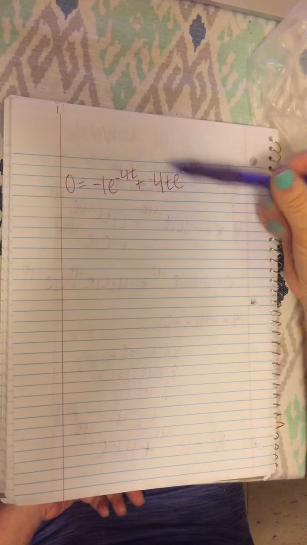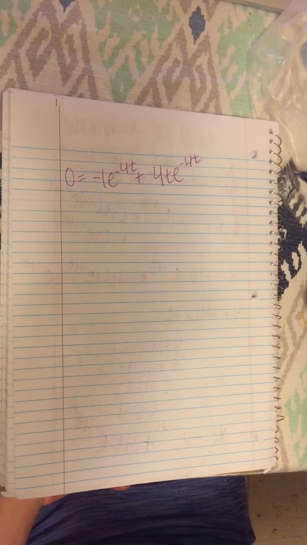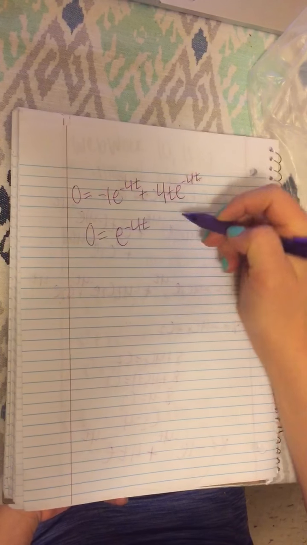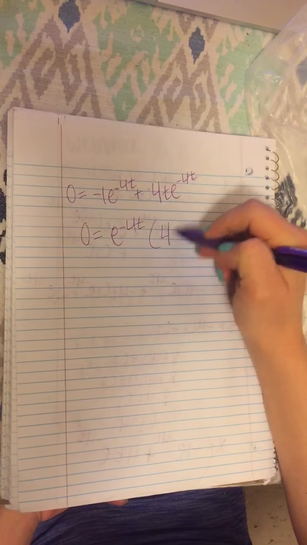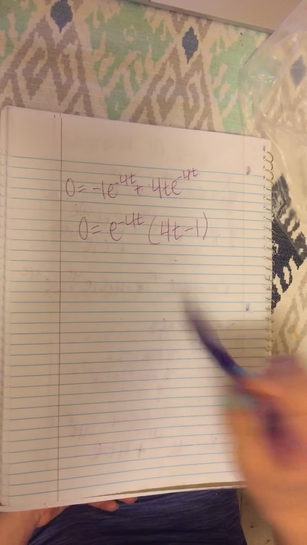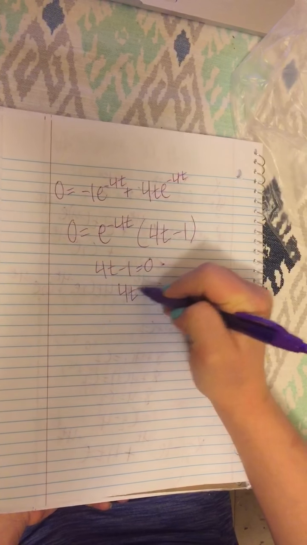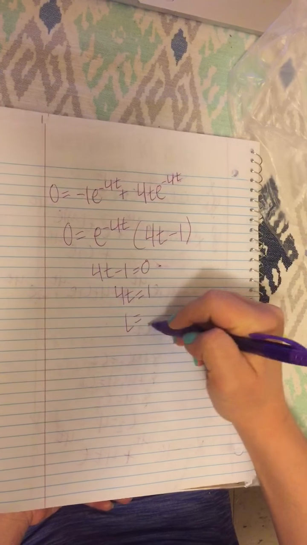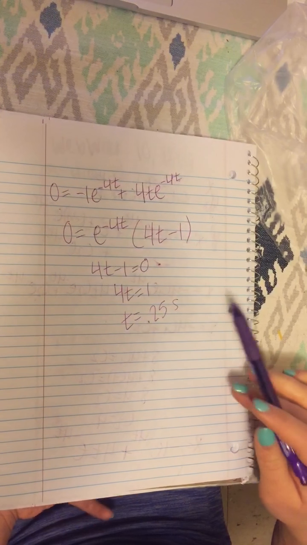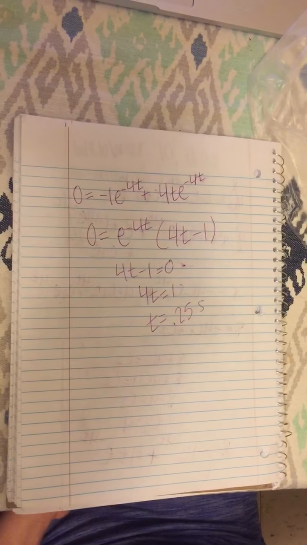We can't solve it with the e to the negative 4t terms, because that's never going to go to 0. So we can factor that out at the beginning, and then we're left with 4t minus 1. So 4t minus 1 equals 0 at 0.25 seconds. That's the time that the mass is going to pass through the equilibrium position.